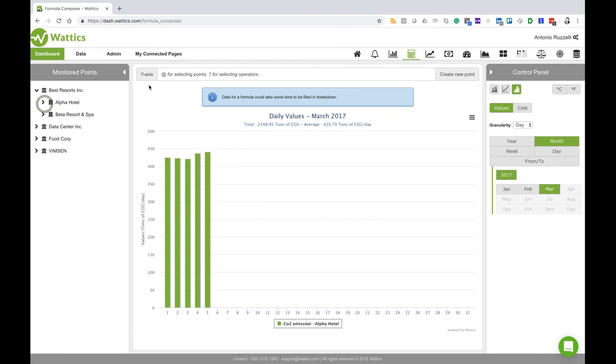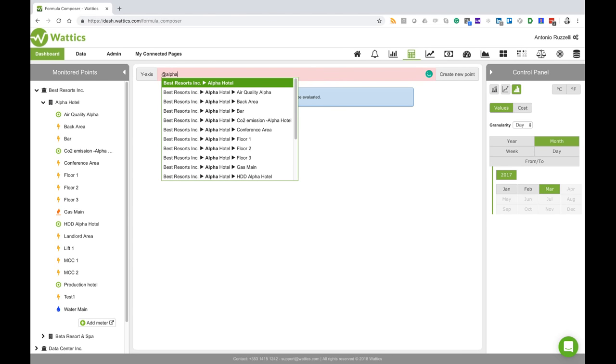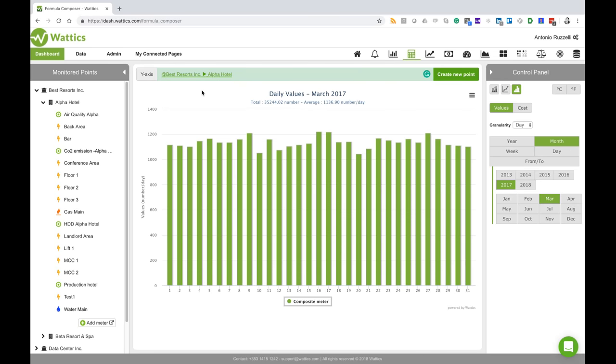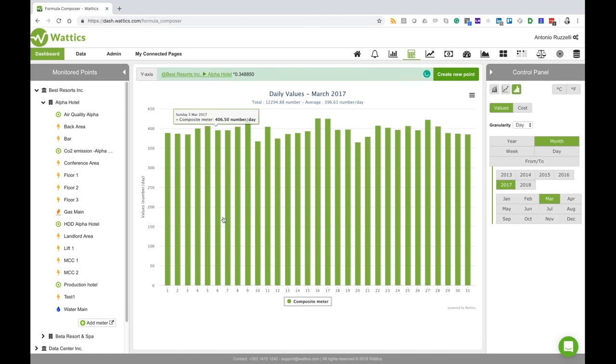So I have Alpha Hotel, and at this point we can gather information of the Alpha Hotel by selecting here at Alpha Hotel, and then you multiply that by your constant for the calculation of CO2 emission, which is 0.348850. At this point, this composite meter or formula meter created is your CO2 emission for the Alpha Hotel.